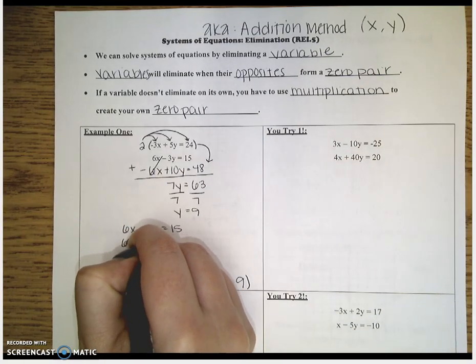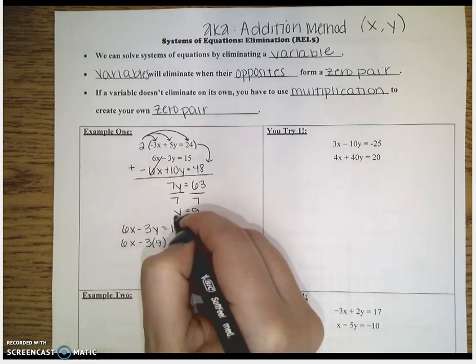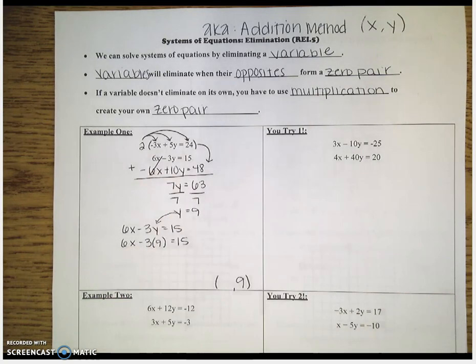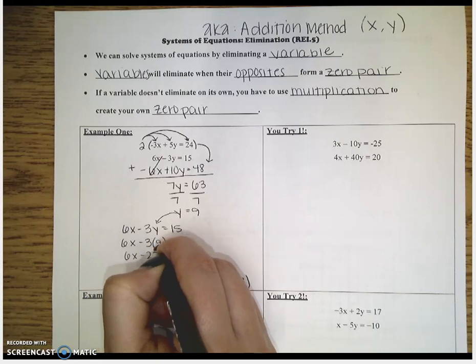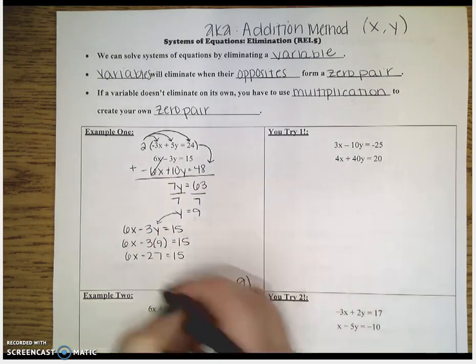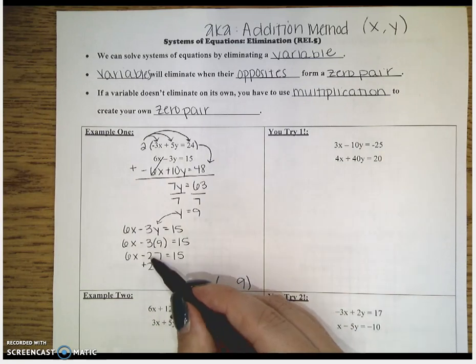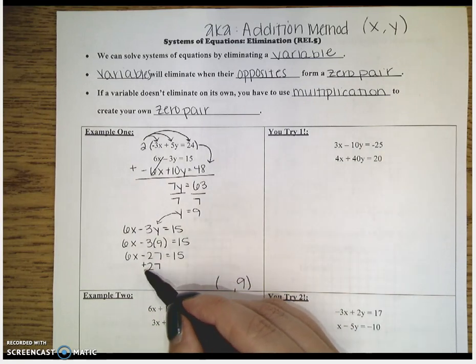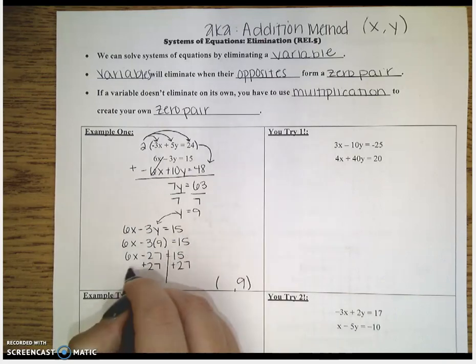So I have 6x minus 3 times 9 equals 15. All I did is I plugged this y value in everywhere I have a y in my equation. So I get 6x minus 27 equals 15. I'm going to add 27 because I have a minus 27. The opposite of minus 27 is plus 27 to both sides.